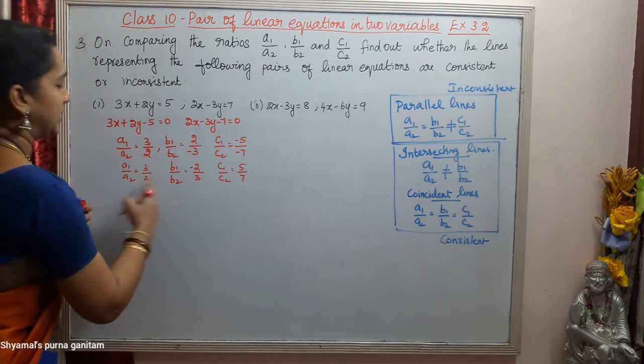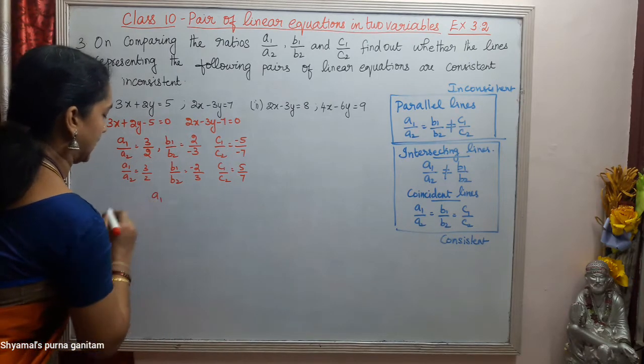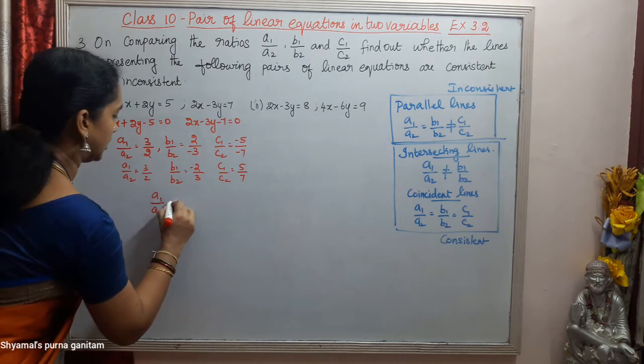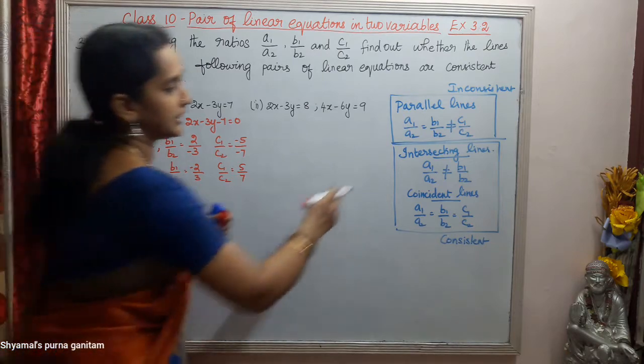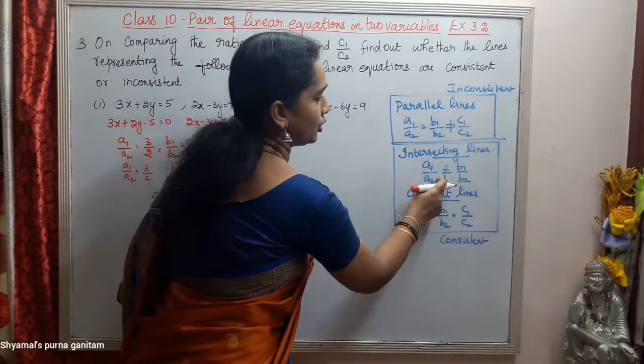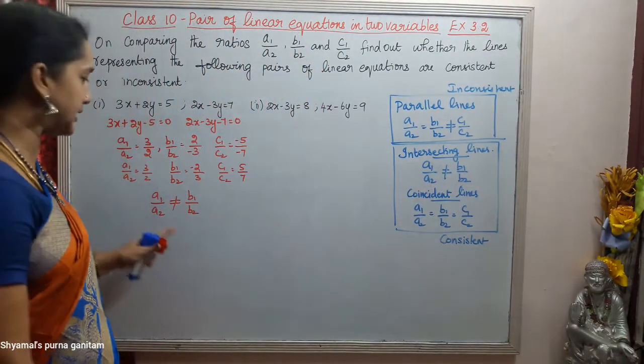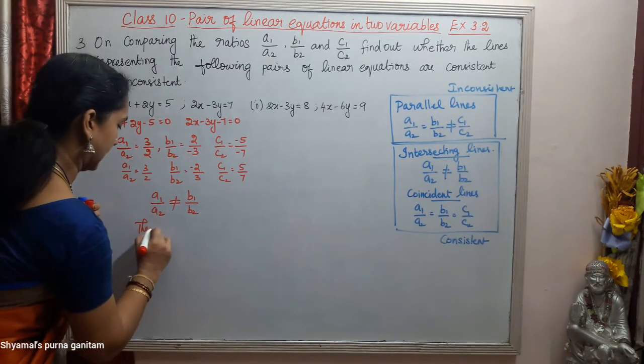If we check the first two ratios, A1 by A2 not equal to B1 by B2. What is the thing we will get? A1 by A2 not equal to B1 by B2 means they are intersecting lines.